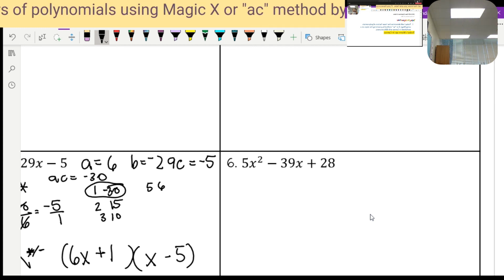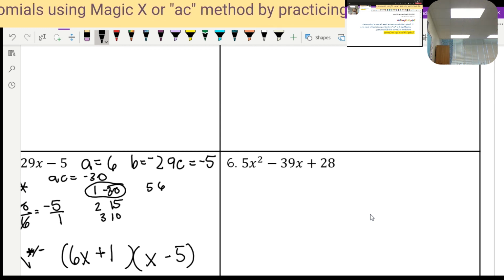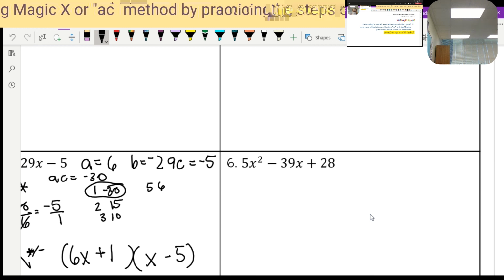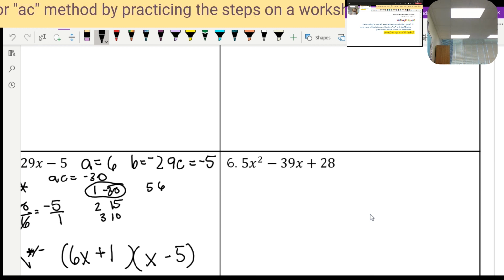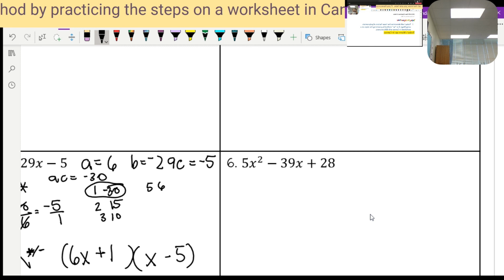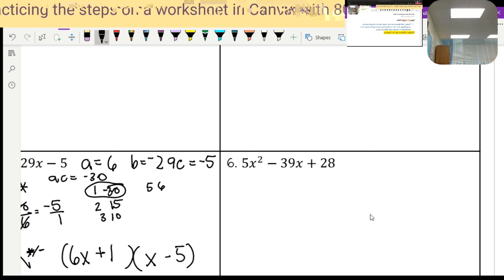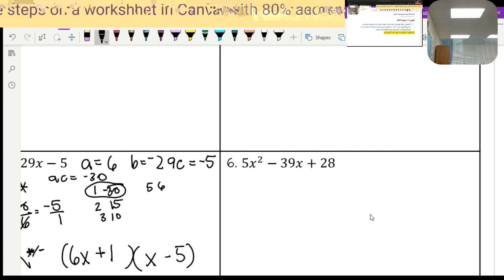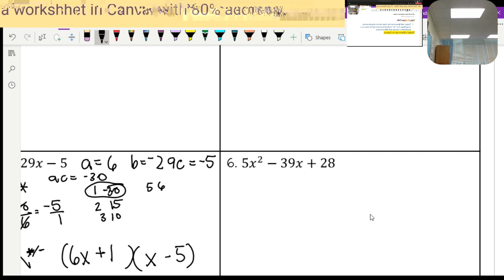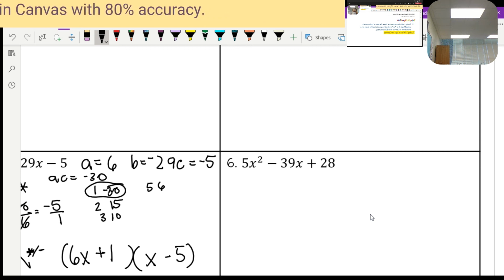Make sure if you're typing your answer in the text box or even if you're doing it on paper and uploading it, you are numbering which problem you're doing so that I can find it. Also, you should check in your to-do list on Canvas.